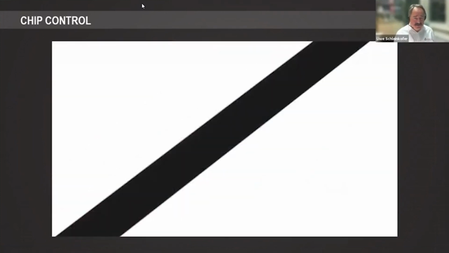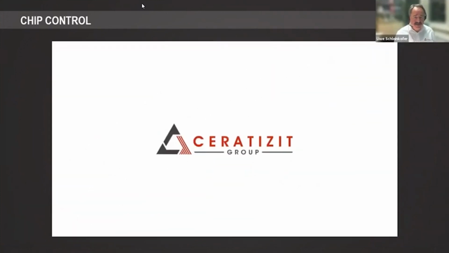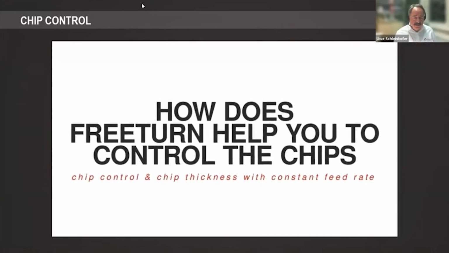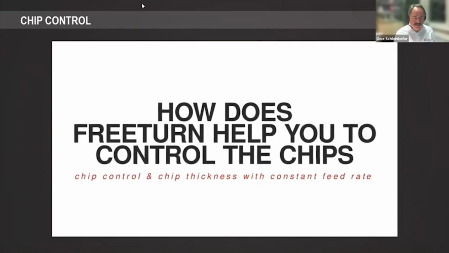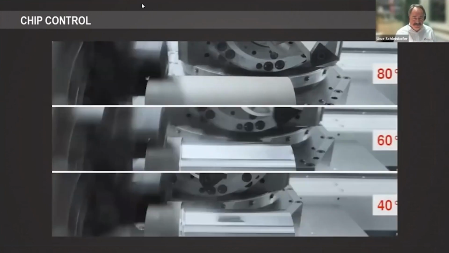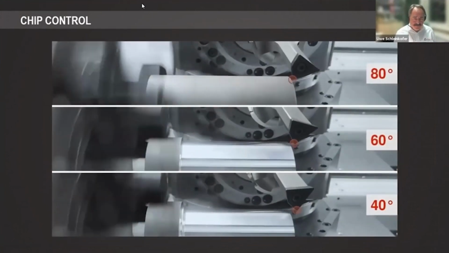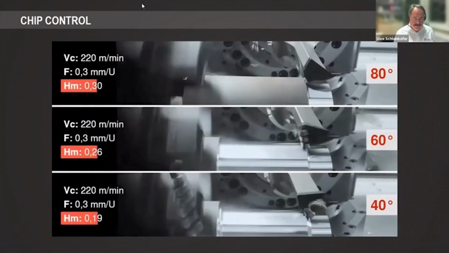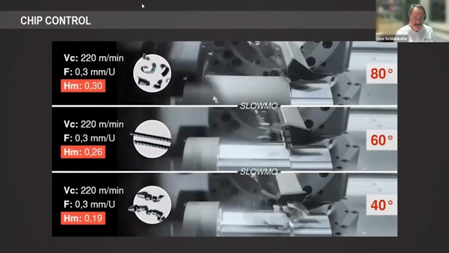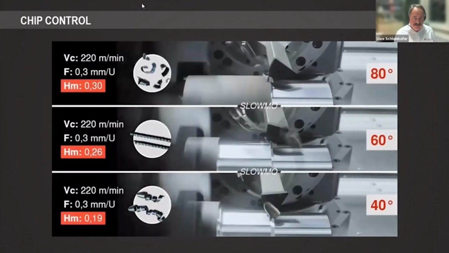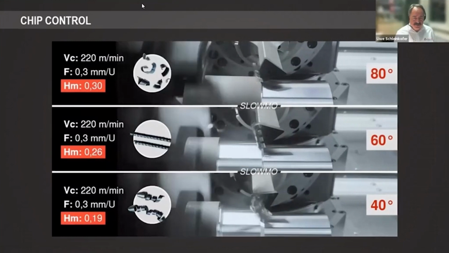And this is quite a big gain of time during an application. And another video for that. Now again, you see the thickness and the chip formation, which is completely different.